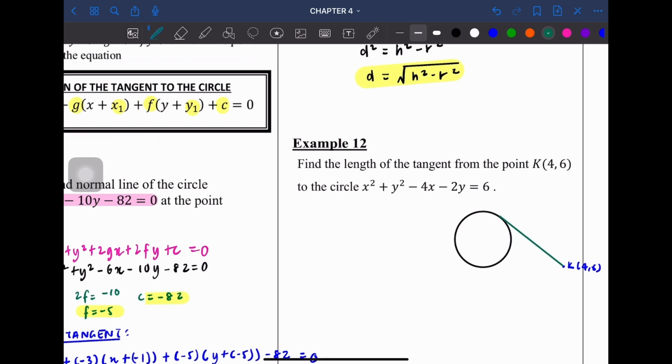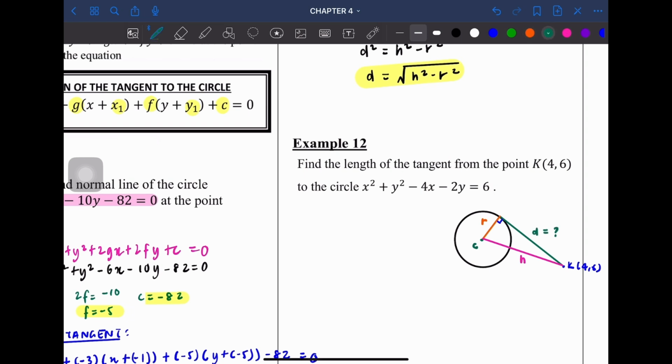We have the center somewhere over there. You have the radius, and also you have the hypotenuse. The 90 degree will be here. So we have the radius and we have H, and we will have to find the distance, which I label as D.